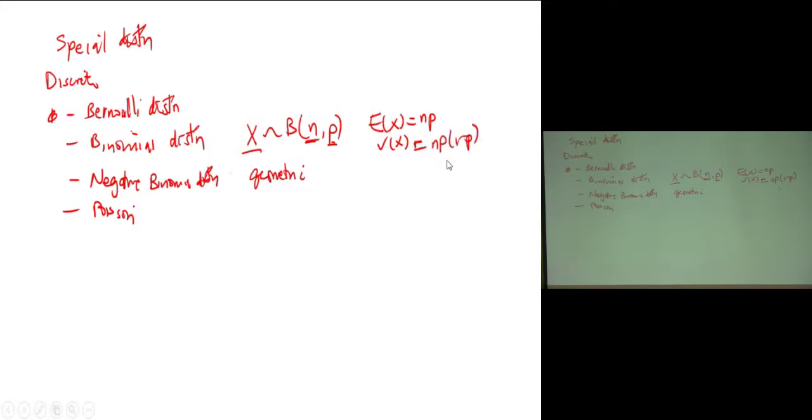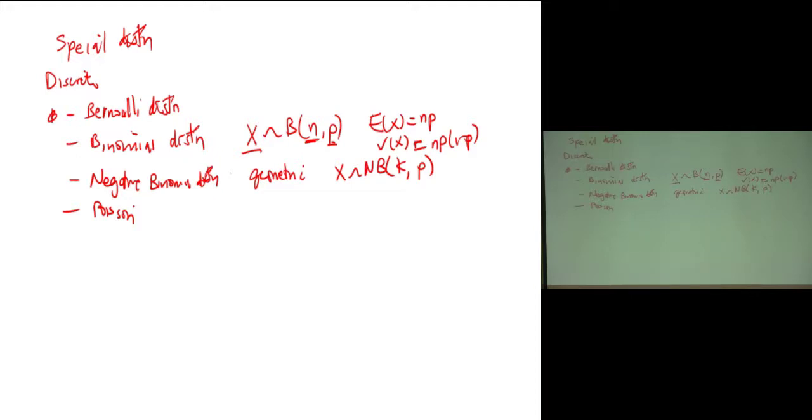Not just for binomial, you have to know all the distributions we discussed. Like negative binomial. If X follows a negative binomial with parameters k and p, X represents the number of trials that you need in order to get k successes, and each trial is independent and has only two outcomes.